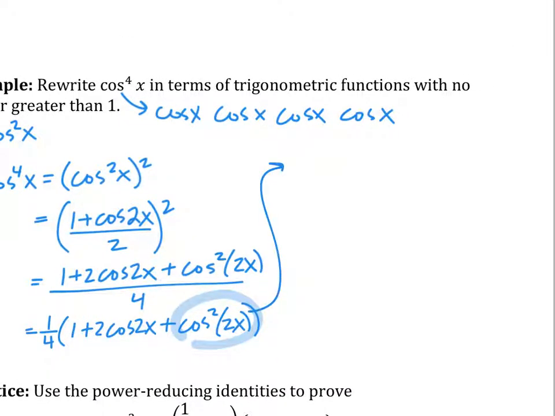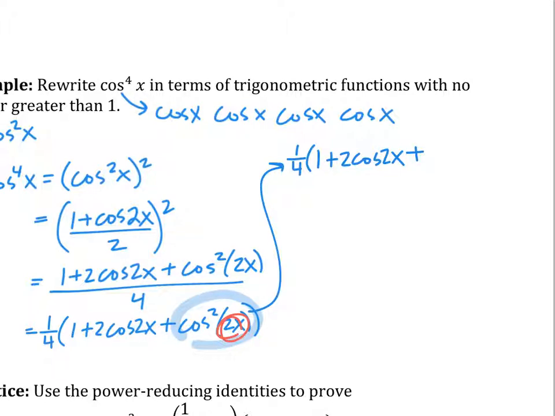Do that here. 1/4 times 1 plus 2 cosine 2x plus, okay, we're going to do a power reducing identity. Remember, the power reducing identity is 1 plus cosine of 2 times whatever that is, divided by 2. Now that whatever that is, this time, is 2x.